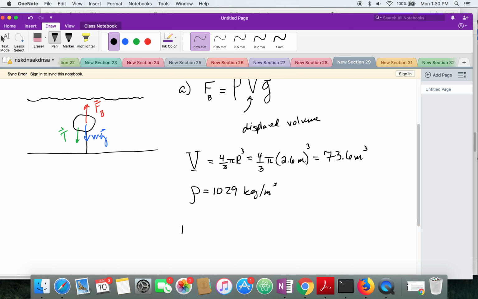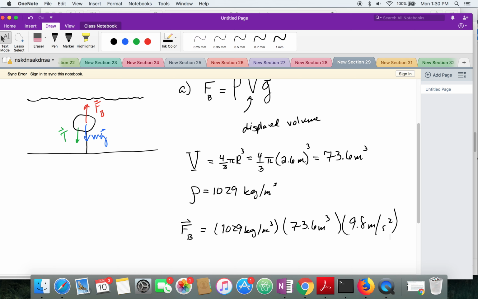So the buoyant force is going to be the density, 1,029 kilograms per cubic meter, times our displaced volume of water, which is equal to the volume of the sphere since it's completely submerged, times 9.8 meters per second squared, acceleration due to gravity.